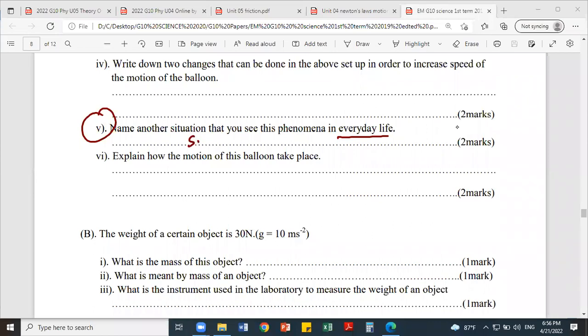Let me give one example of mass. Say a huge rock is moving, like a landslide or earth slip. Can you put your hand out and stop the moving object? It depends on the mass and the velocity of the moving object.